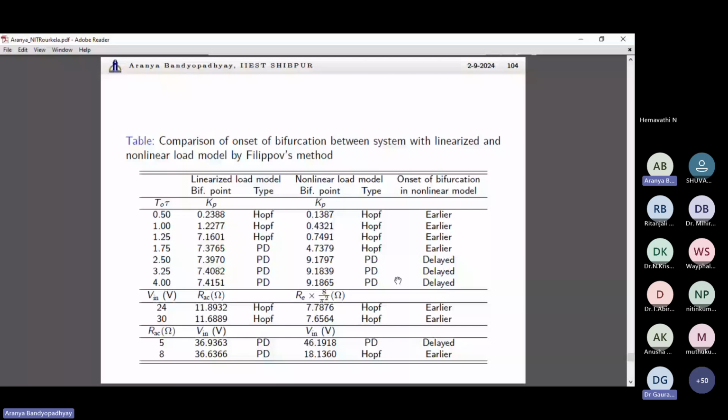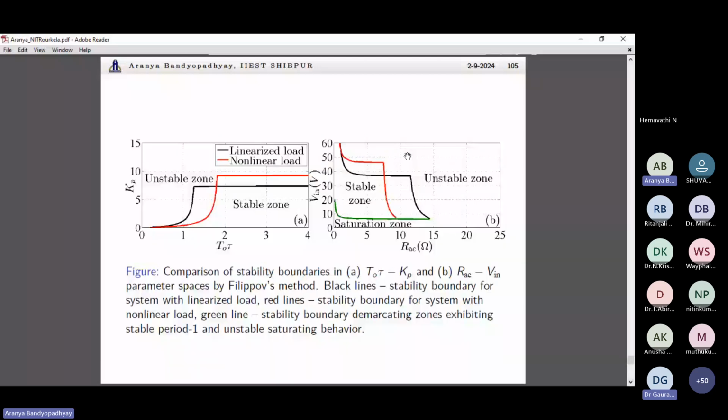Let us just see it in a stability boundary domain. You can see that the red trace has been plotted for the nonlinear load and the black for the linearized load, and both have been plotted by application of the Filippov method.